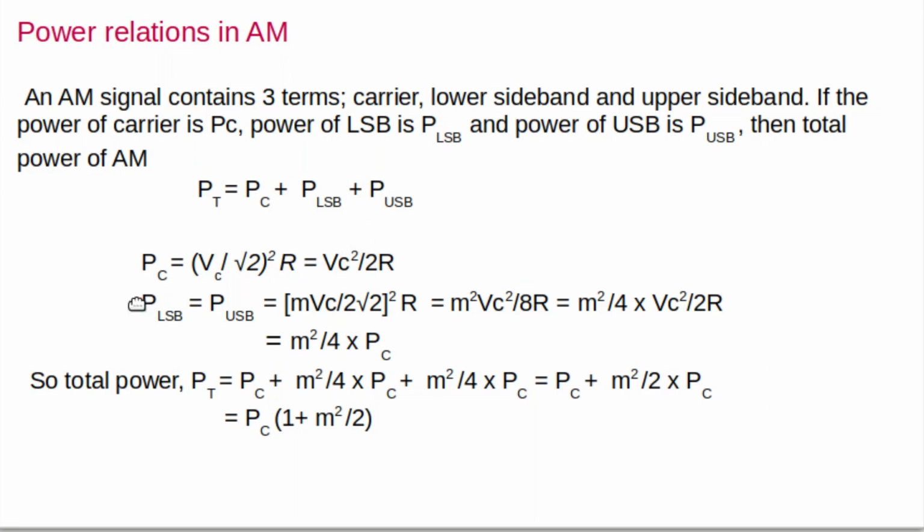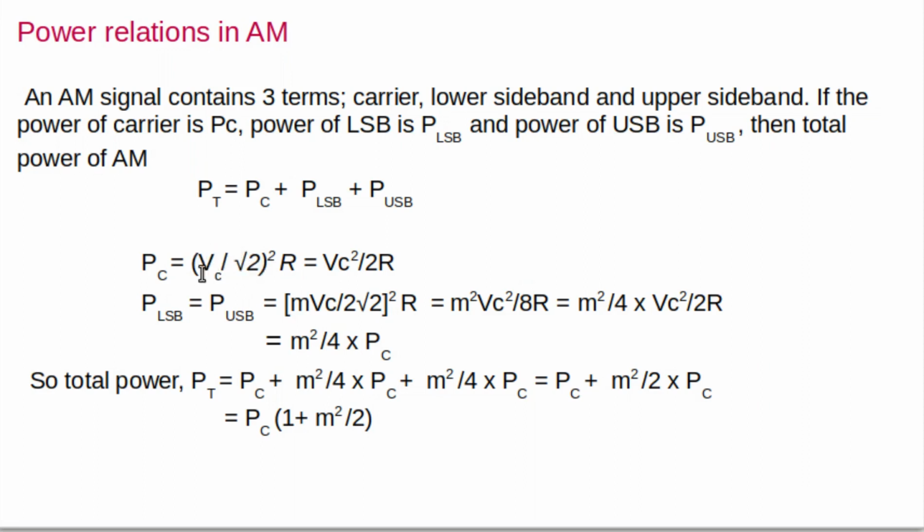Now we will find out the values of PC, PLSB and PUSB. So first we will find out PC. PC is the power of the carrier. We know the amplitude of the carrier is VC, but it is a sine wave, so we have to consider its RMS value. The RMS value of a sine wave is its amplitude by root 2.